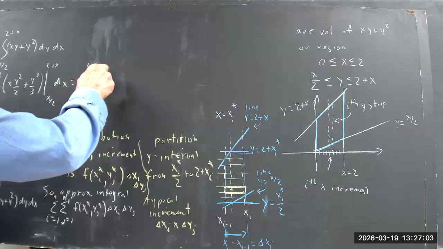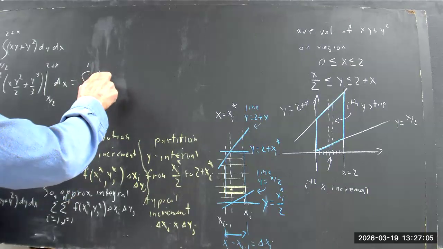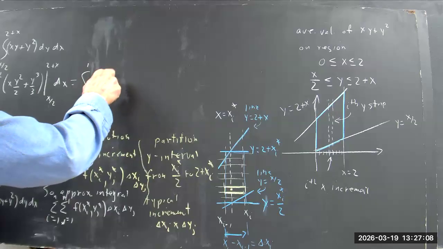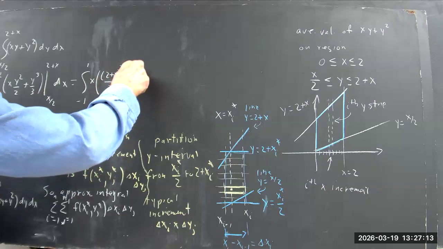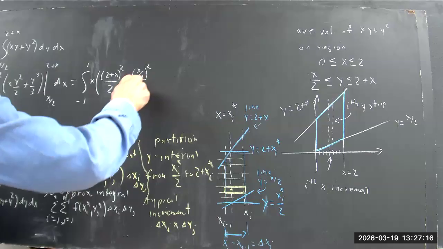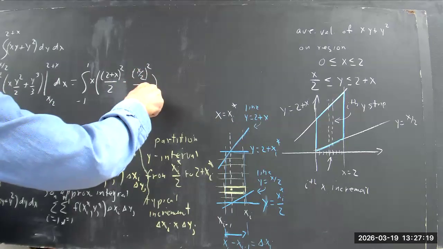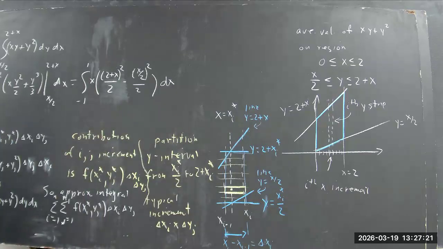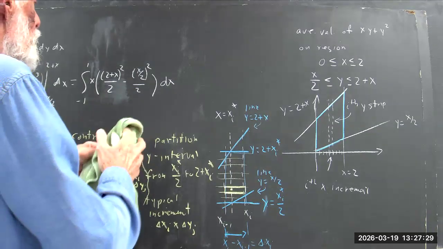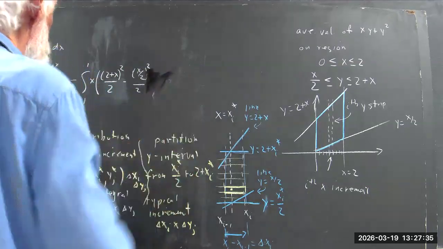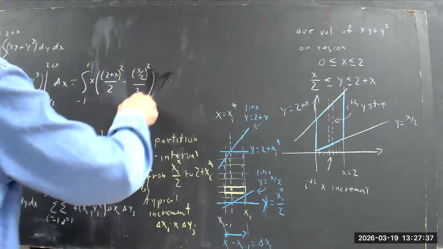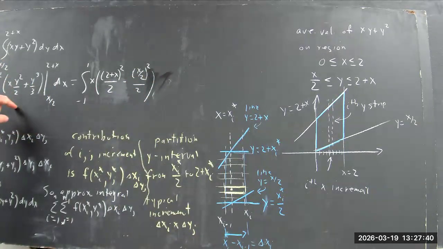We get x times... many ways I could have written that out. Oh, yeah, well, I wrote out the first term. Okay, that's what the xy squared over 2 gives us.